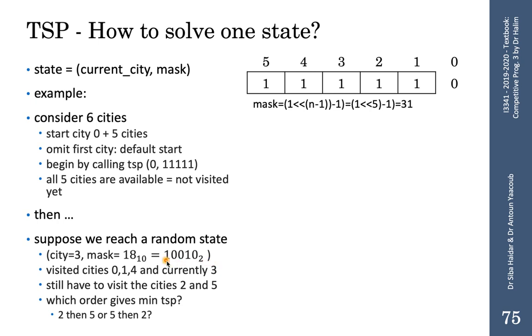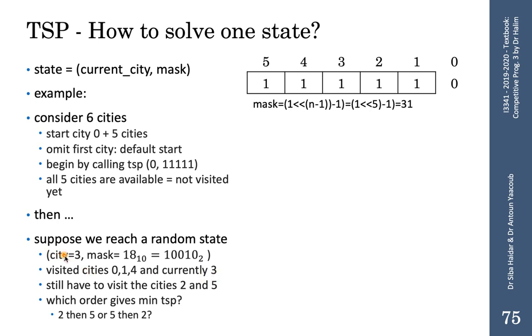What does this mean? This means that the city 2, because we begin at index 1 now, and the city 3, 4 are visited, but the city 5 is not visited yet. So we have already visited city 0, 1, 4, and we are currently visiting 3.